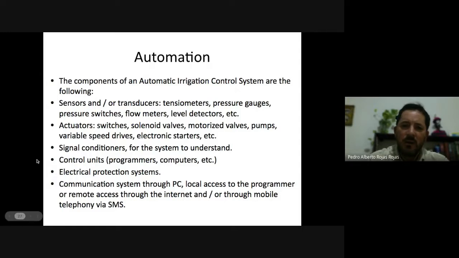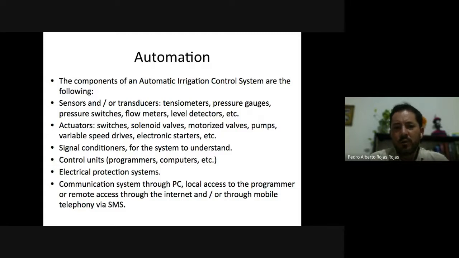Also, the control unit is the most important thing, which is the programmer, could be a computer, and this is the equipment with which you set the quantity of waterings per day or the quantity of time that you are starting the pump, for example.